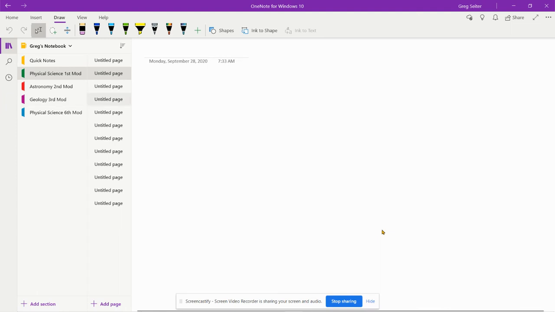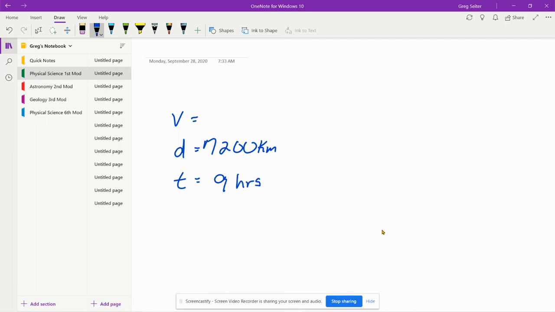So I'm going to write down my V, my D, and my T. It flies 7,200 kilometers in 9 hours. And again, V equals D divided by T. So V equals 7,200 kilometers divided by 9 hours. There we go.